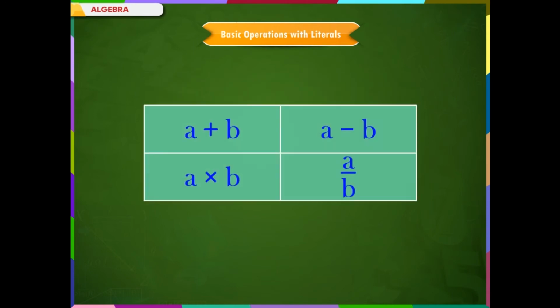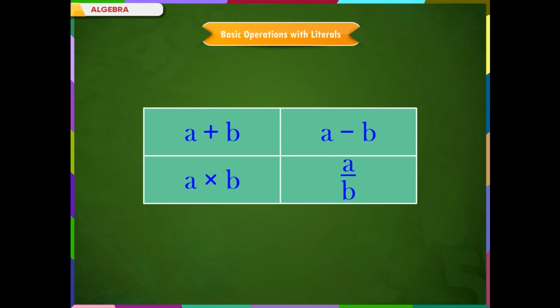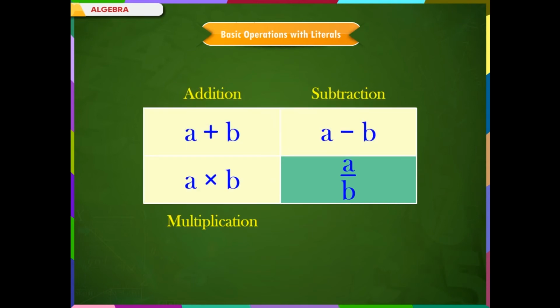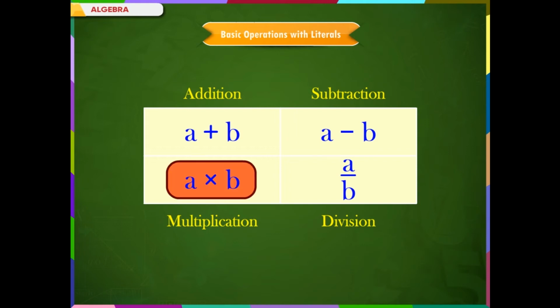Basic operations with literals. There are 4 basic operations in arithmetic: addition, subtraction, multiplication, and division. Similarly, we have all the 4 operations in algebra also. In algebra, all other operations are treated the same way as in arithmetic, but the operation multiplication is special in algebra.